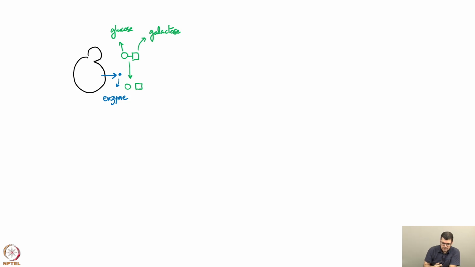And if this happens, then we have created an environment where, before hydrolysis took place, there was a single resource available, which was this disaccharide, which is called melibiose.